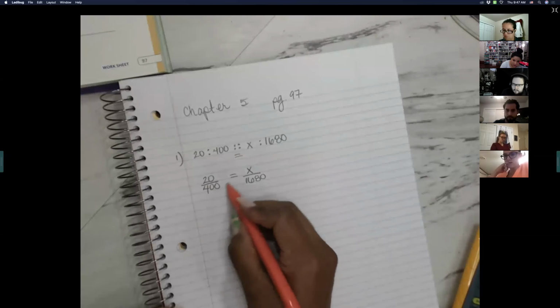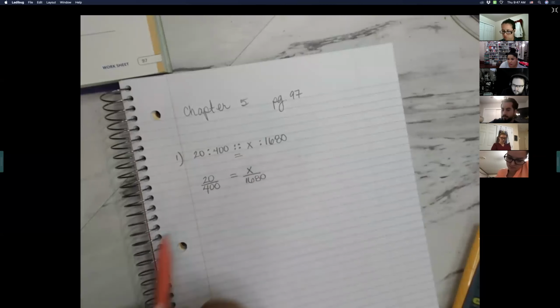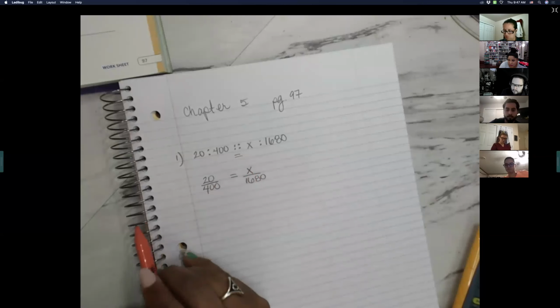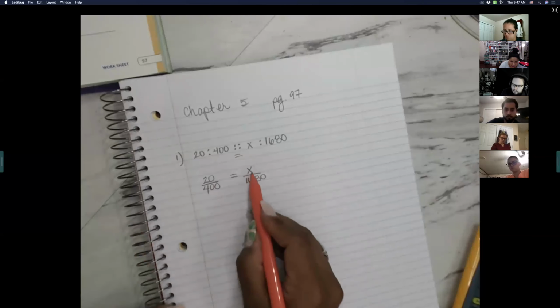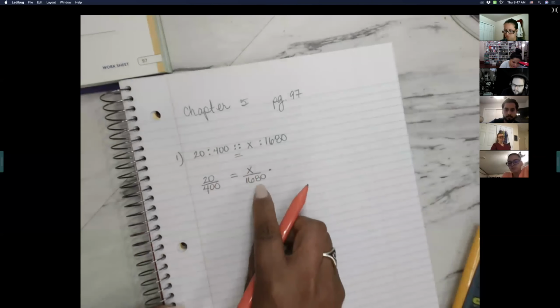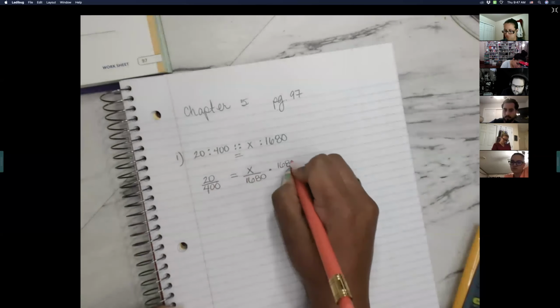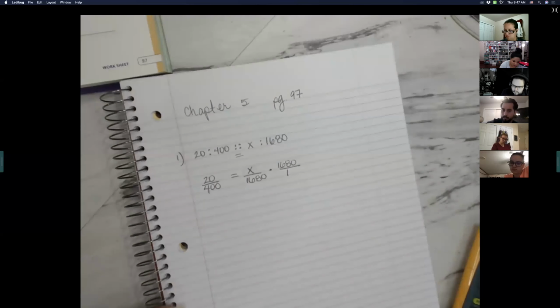So I prefer to do cross multiplication. I feel like it's easier for you guys. If you know how to solve for this x your own way, solve for it, okay? Essentially, you're trying to get x by himself. So in order to get x by himself, I need to take the reciprocal of the 1680 and multiply it to both sides.